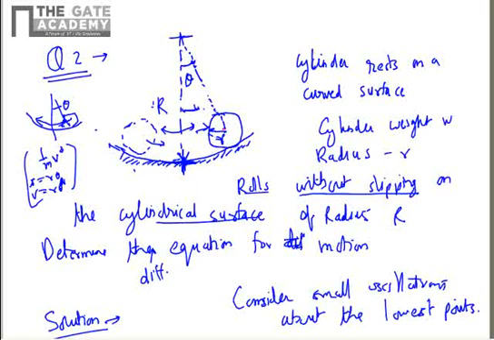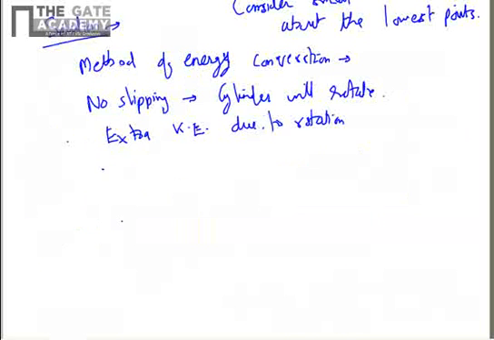For determining the kinetic energy of the rolling cylinder, we need information about the angular displacement of the cylinder. Let's say when the rolling cylinder is at the center of the surface, at its static equilibrium position, the points are touching like this.